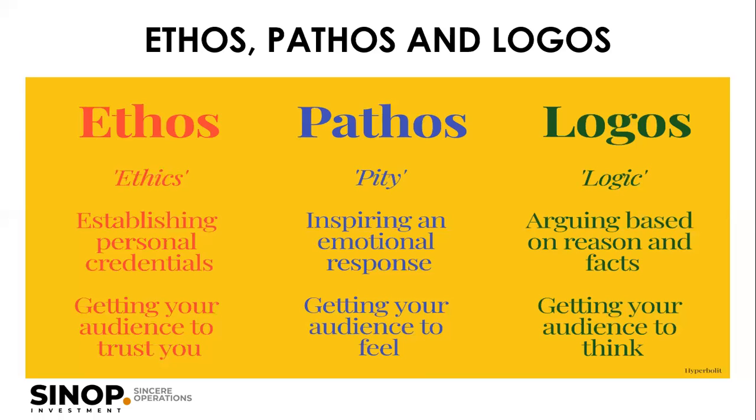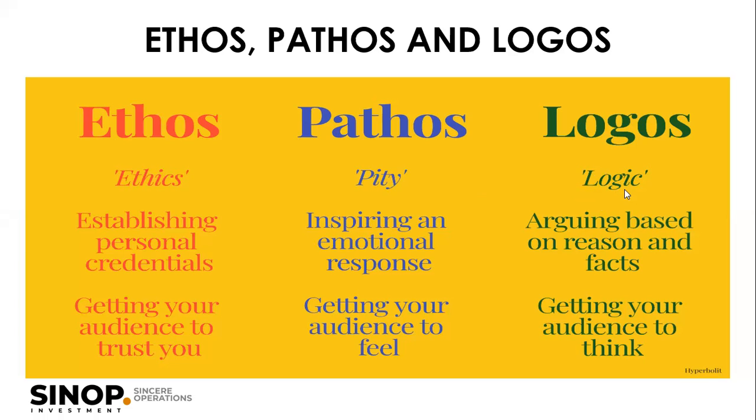Now let's move on to logos. Logos has to do with logic, simply. And this is something that we use a lot, especially in writing. For our students, when you are writing an essay or for your IA or for your assignment, most of the time you write and then you put some information by a researcher or by an organization.